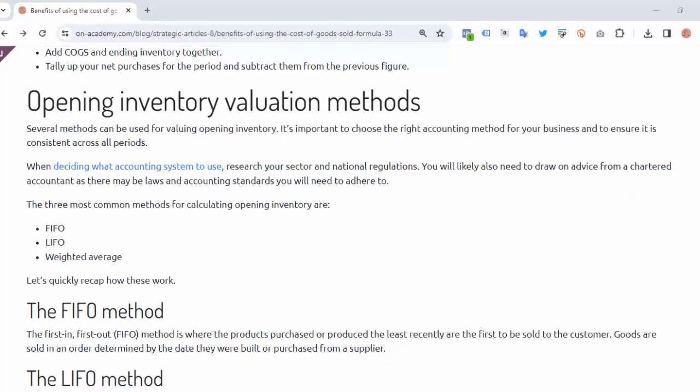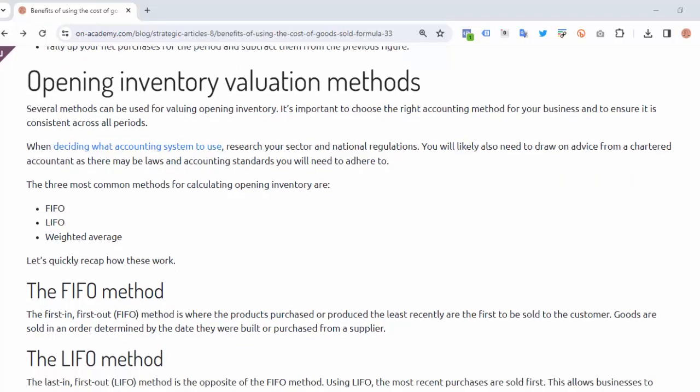The good news is that it's possible to automatically determine beginning inventory using cloud software designed for this very purpose. Cloud-based inventory management software tracks the value and movement of all your inventory throughout the year, automatically assigning costs and adjusting stock levels whenever goods are sold.